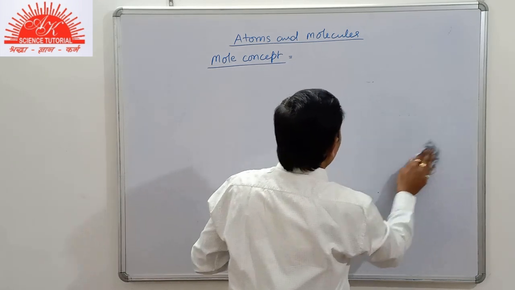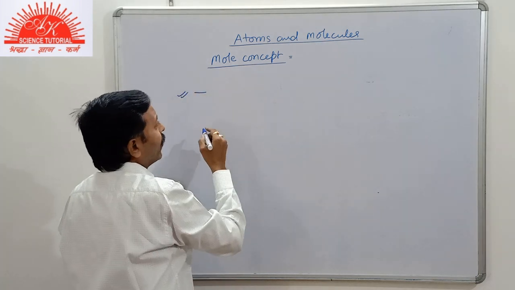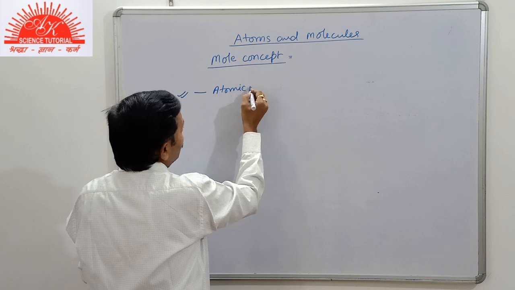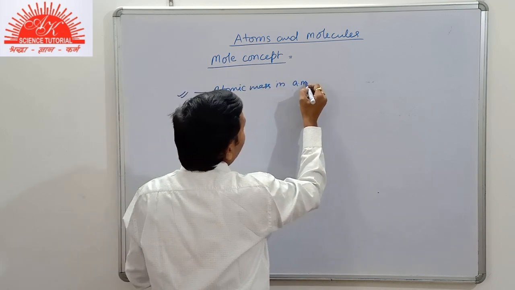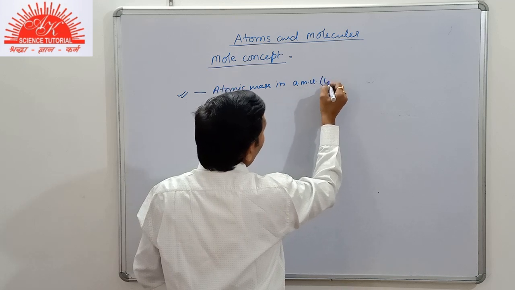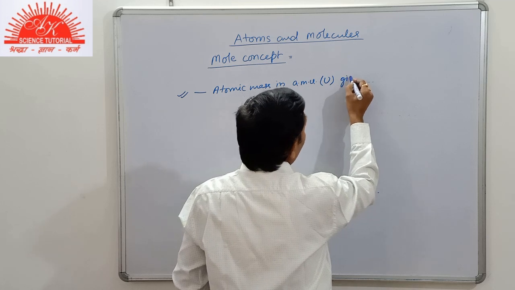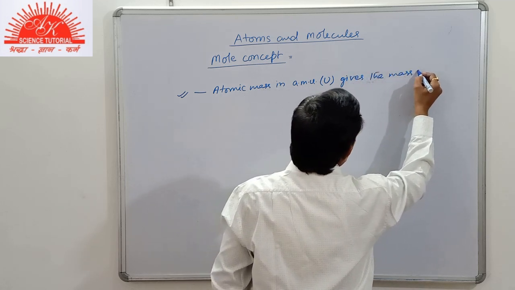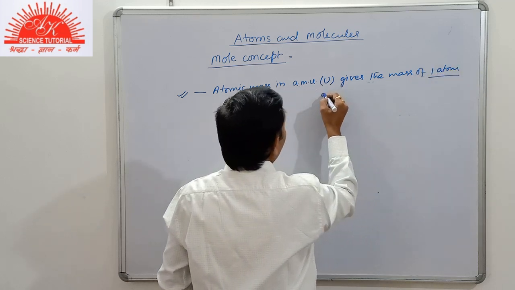Now we can further write here. Again, you have to learn this point that the atomic mass in AMU or U gives the mass of 1 atom of element.